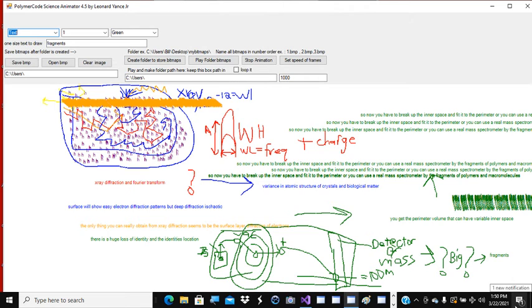They have to be fragments. And then you just piece the fragments together.